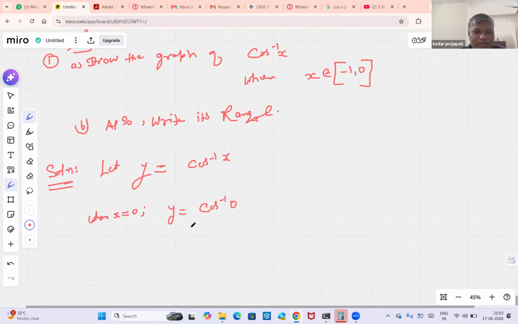Tell me what will be the answer. For what angle is cos 0? Pi by 2. So we got one value, pi by 2.